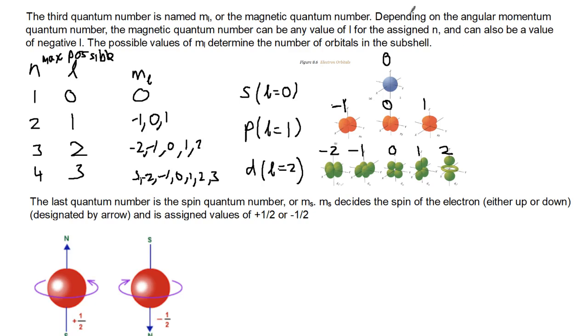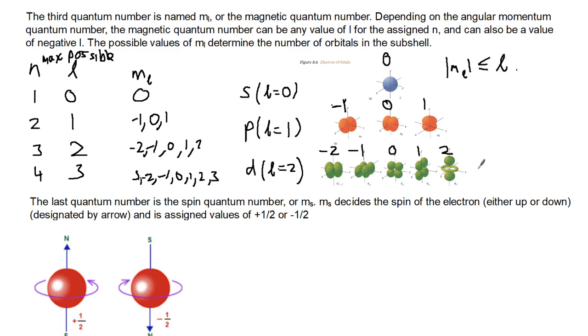So it's basically the absolute value of ml has to be lower than or equal to L. And that's the formula.